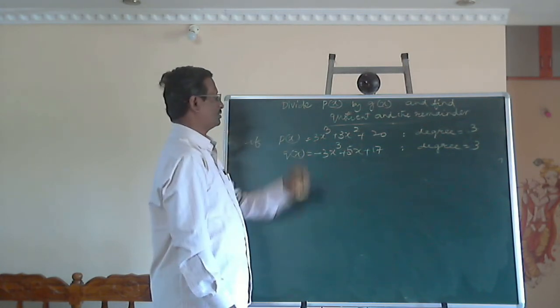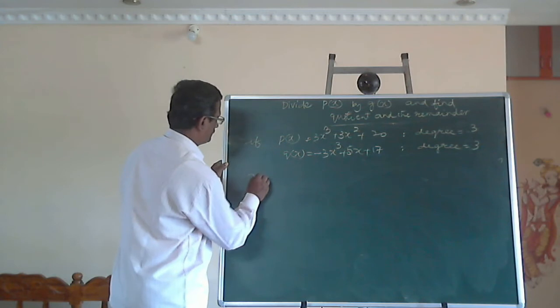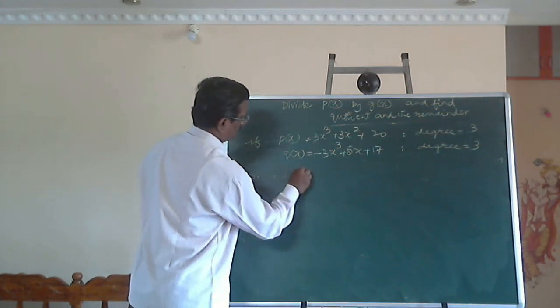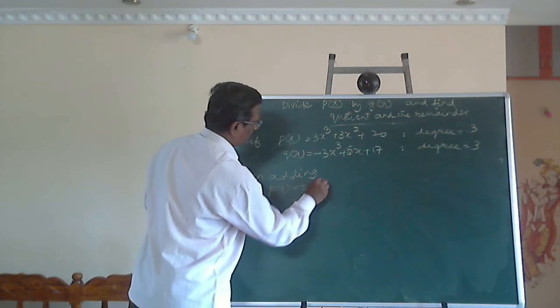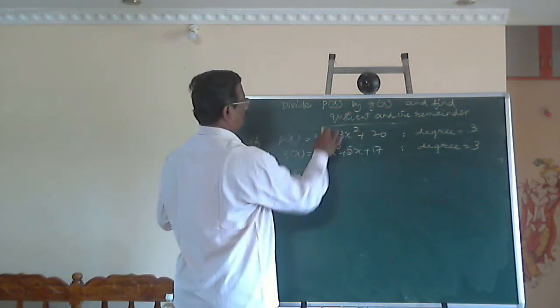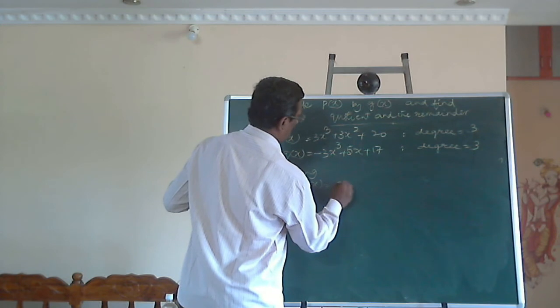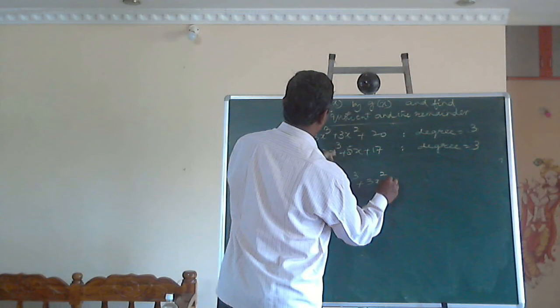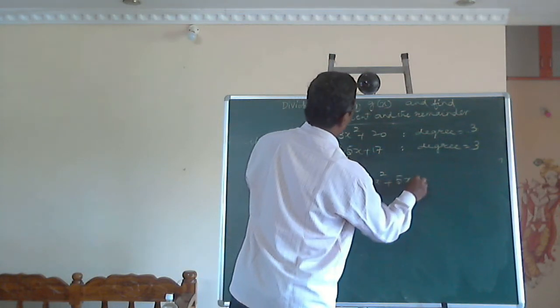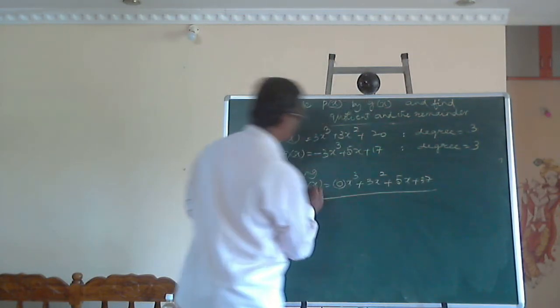It is 3, it is also 3. On adding, P(x) plus Q(x) is equal to 3x cube minus 3x cube, 0x cube, plus 3x square plus 5x plus 37.